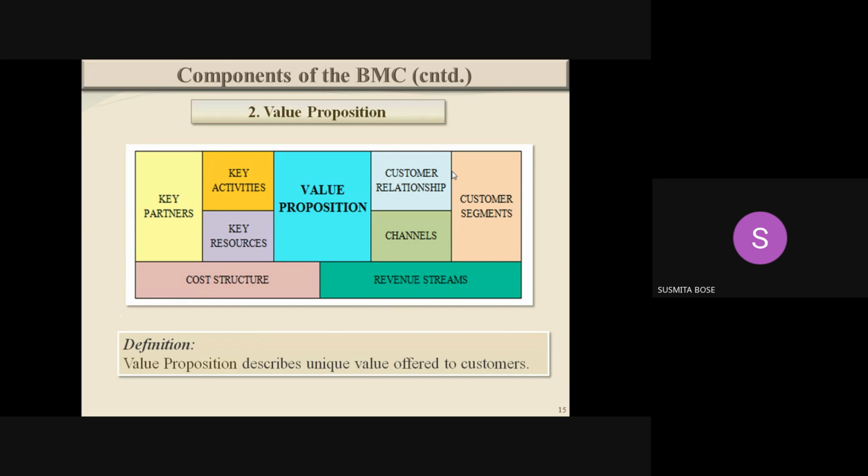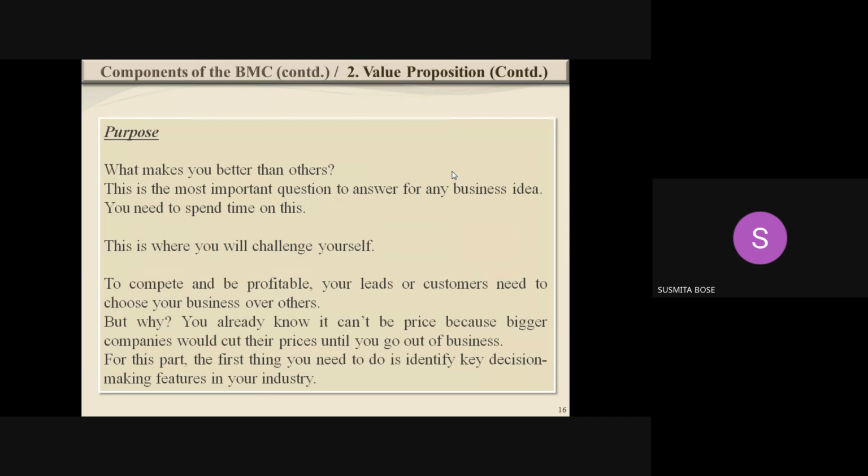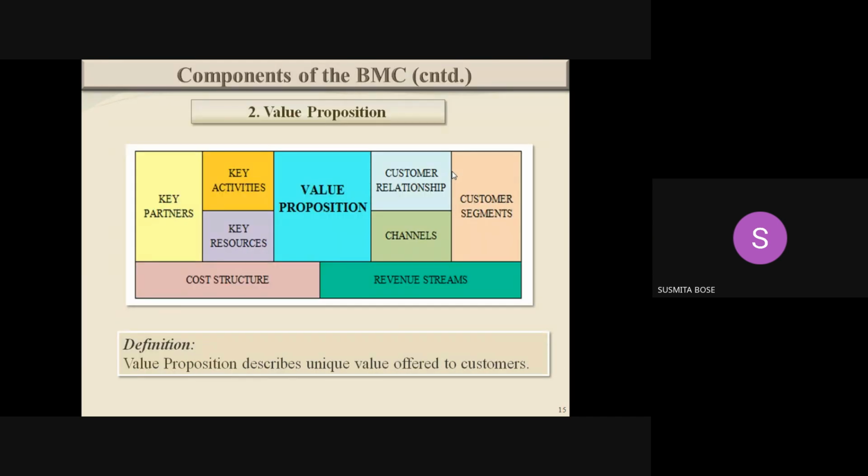In today's cutthroat competitive world, there are so many competitors for a particular product. You can take anything, but there are so many competitors. But why will the customer come to you? Because you are offering something unique to them, then only they will come to you. So value proposition describes that unique value you're offering to the customers.